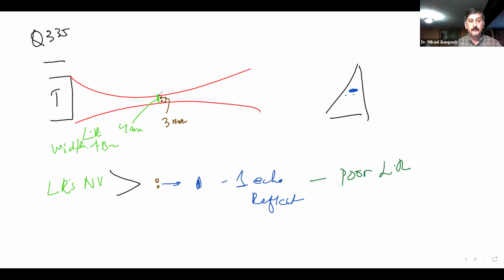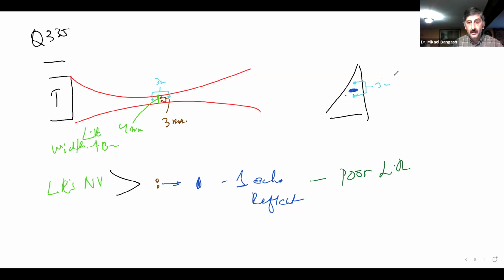Did that make sense? But please keep in mind, guys, that if these two structures had been placed at the same distance of 3 millimeters but parallel to the beam's main axis, then in this case you are seeing these two structures placed like this at a distance of 3 millimeters.